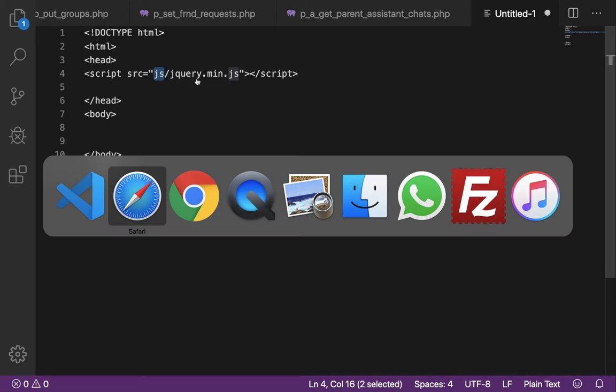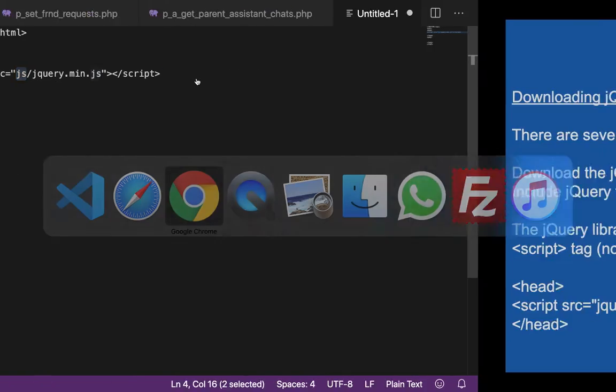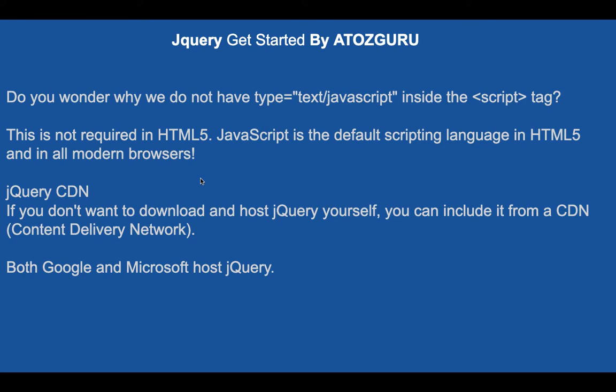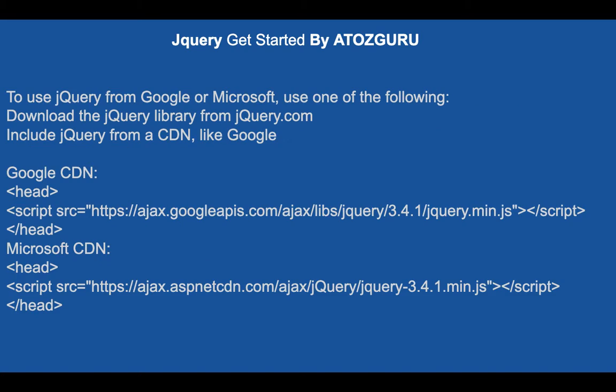And there is another way also, CDN. By CDN also you can include that. We have CDN provided by Google, Microsoft hosts and others also. So we have the CDN jQuery.